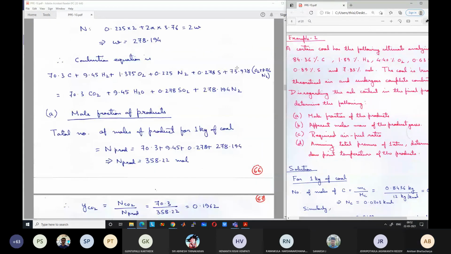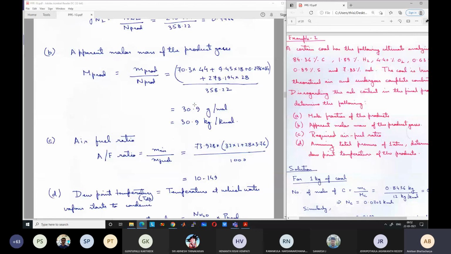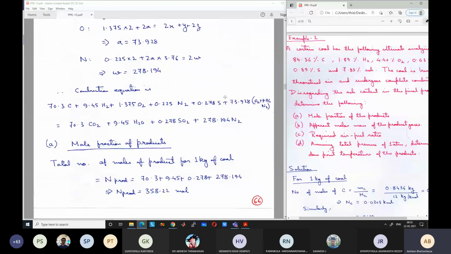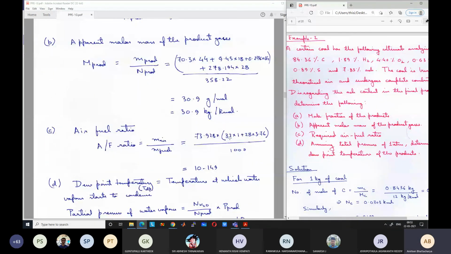We have seen that for 1 kg of fuel, we need 73.98 moles of oxygen. If we consider nitrogen also, then it is 73.98 moles of oxygen plus 73.98 into 3.76 moles of nitrogen. So the mass of the air is 73.98 into 32 into 1 for the oxygen, and for the nitrogen 73.98 into 28 into 3.76.